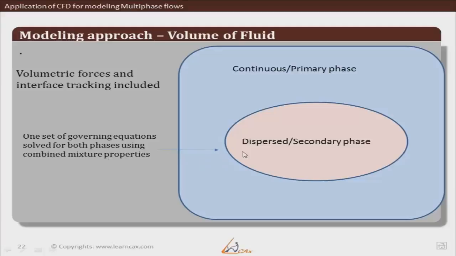So a single set of governing equations is solved for both phases using combined mixture properties. A type of mixture is defined which consists of averaged properties of both phases involved, and we solve the governing equations for this mixture rather than individual phases. But we do interface tracking also in order to find the shape and location of this distinct interface.